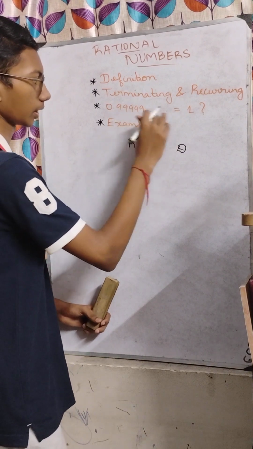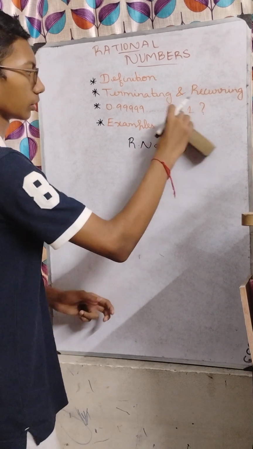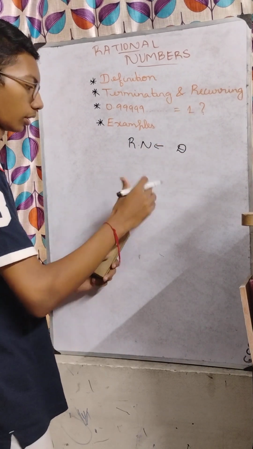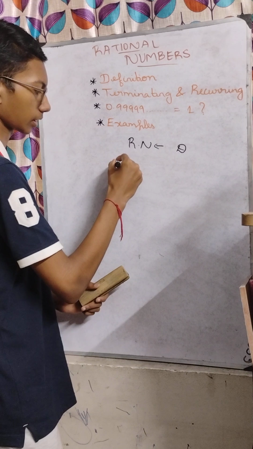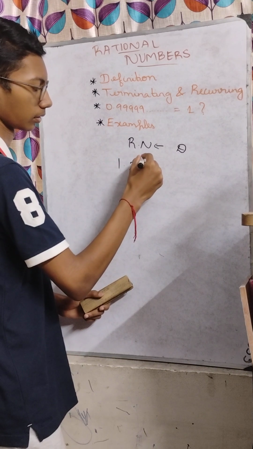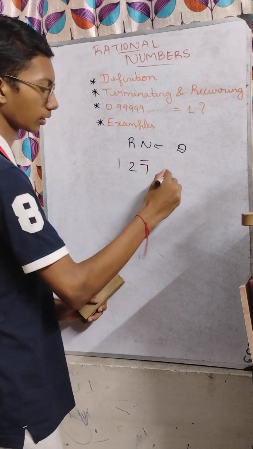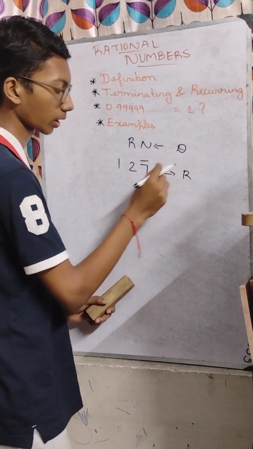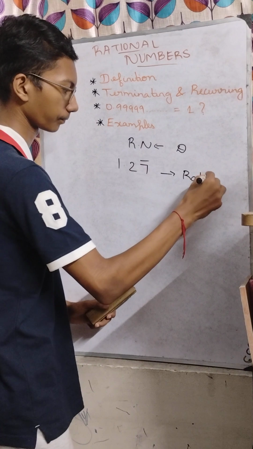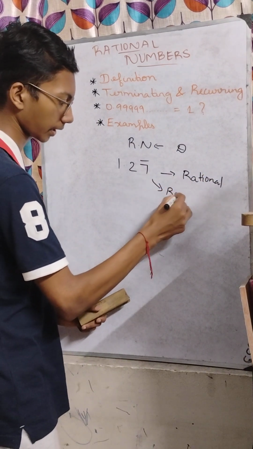So again, we take a decimal and convert it into a rational number. That is the method we are going to use in all of these. Let's take an example like 1.27 bar. We are going to convert this into a rational number. Again, we know this is recurring.